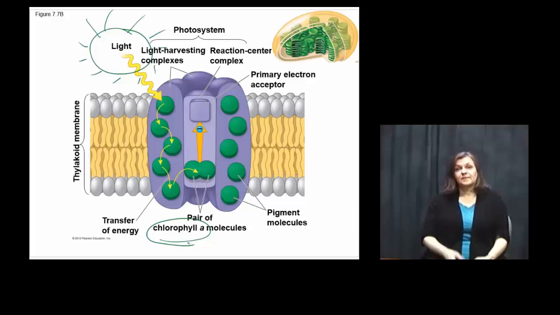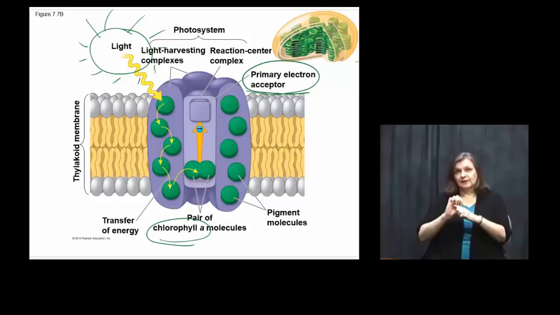Now, in this process, what we see is something called a primary electron acceptor. We saw this in cellular respiration as oxygen. It makes your cell respiration efficient. The same is true here.